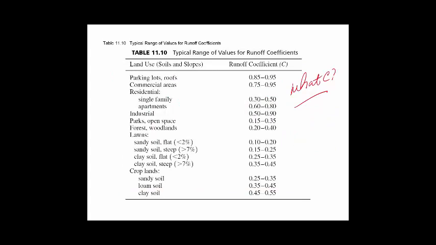Then the runoff coefficient. What coefficient do you use? Well, you have to use your judgment as an engineer. There's a range. The peak flow would be CIA, so the larger that C coefficient, the larger the peak flow. So you have to have a larger hydraulic structure, so it'll be more expensive.